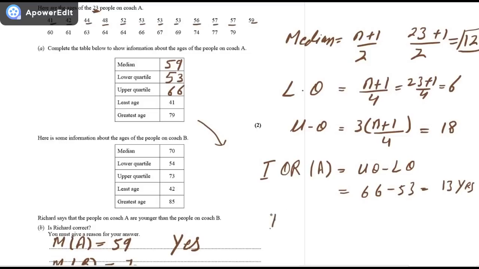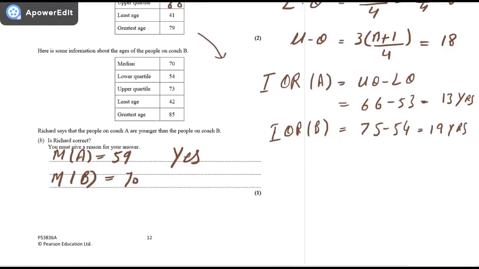The interquartile range for table B is 73 minus 54, which is 19 years. So I can say that the ages in table B vary more.